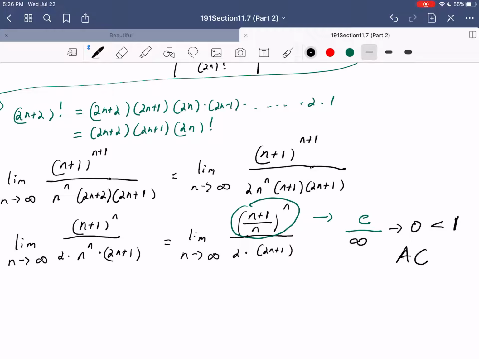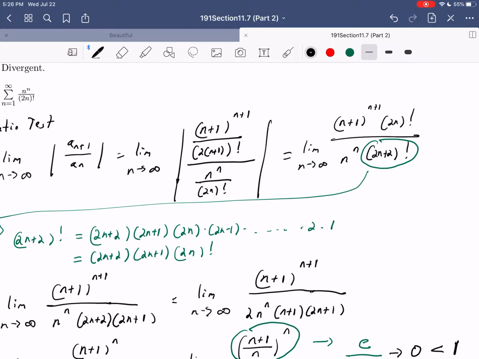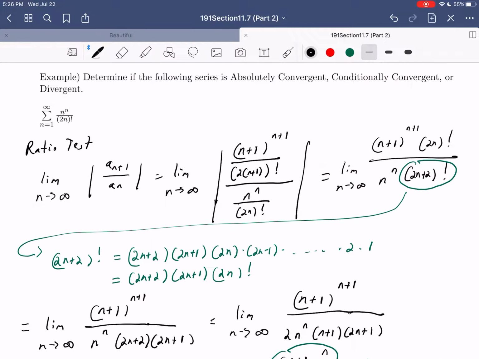So even though we put the fastest thing that we've discussed so far, that n to the n in the numerator, by putting a 2n factorial there, the 2n factorial not only gets the terms to go to 0, but they go to 0 so quickly that the series still sums up to a finite value. So as you can imagine, you could then try to think of something that's even faster than 2n factorial.